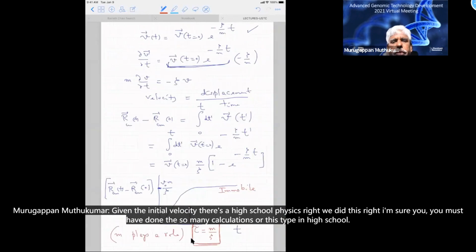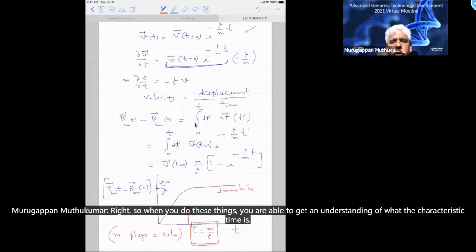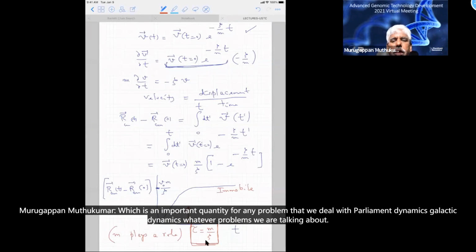This is high school physics, right? I'm sure you must have done so many calculations of this type in high school. So when you do these things, you are able to get an understanding of what the characteristic time is, which is an important quantity for any problem that we deal with.